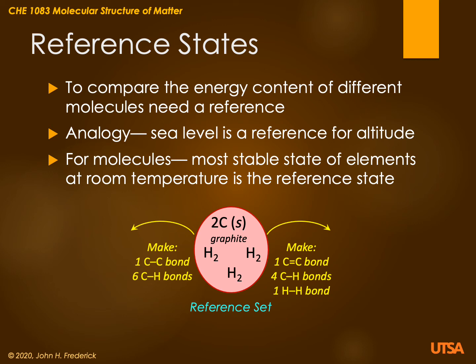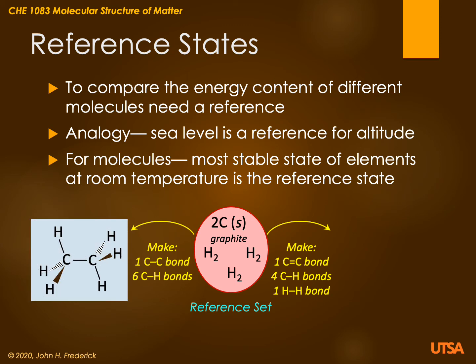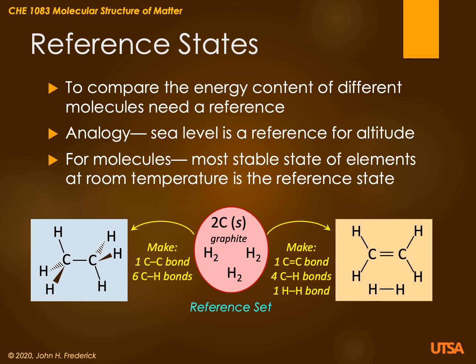Or on the other hand, I could make a carbon-carbon double bond, fill in 4 carbon-hydrogen single bonds, and leave 1 hydrogen-hydrogen single bond alone. In the first case, the thing I'm going to create is an ethane molecule, 1 carbon-carbon bond and 6 carbon-hydrogen bonds. In the other case, the thing I'm going to create is a molecule of ethylene with a molecule of hydrogen. So these are 2 different outcomes that came from the same set of 6 atoms.